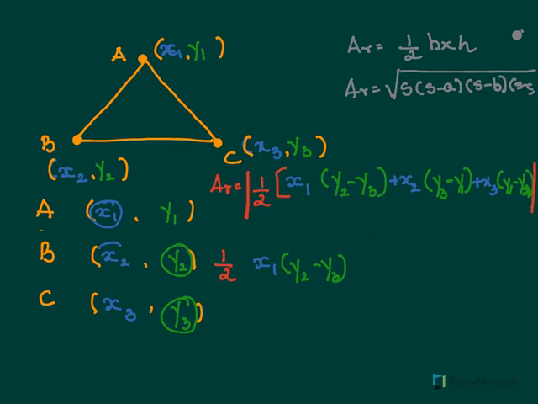Then you take up x2, and now you're going to subtract y3 and y1, the ones below: y3 minus y1. Then you take up x3, and now you subtract y1 and y2. So y1 minus y2. And you put your modulo sign.